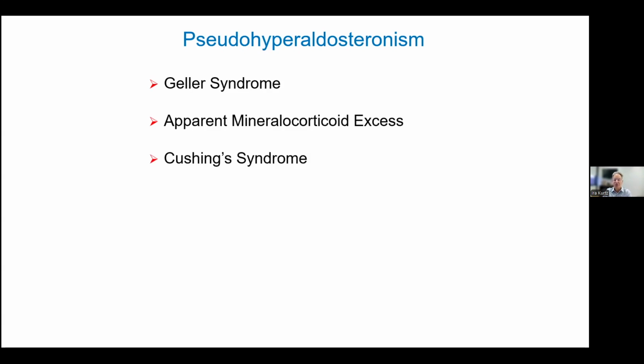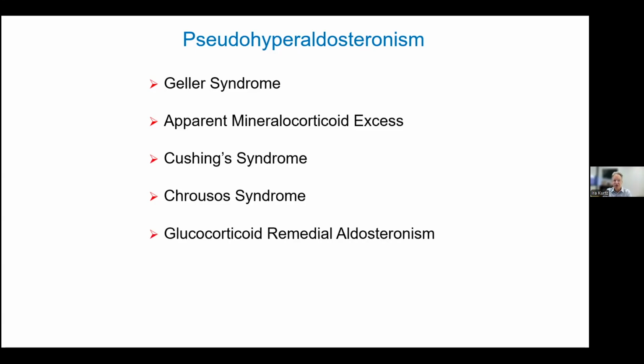Cushing syndrome also. Chrousos syndrome, which is an abnormality in the cortisol receptor. So cortisol goes up very high. They have a mutation on the cortisol receptor. Glucocorticoid-remediable aldosteronism, where you've got a chimeric gene making aldosterone, but the promoter has the ACTH sensitive promoter that should only be in 11-beta hydroxylase.